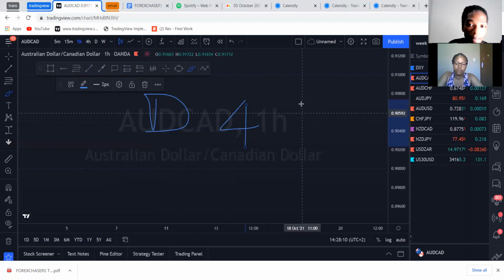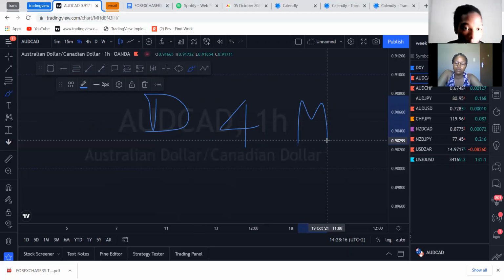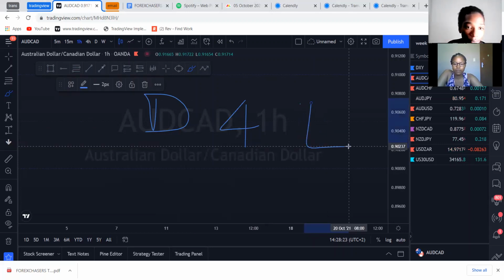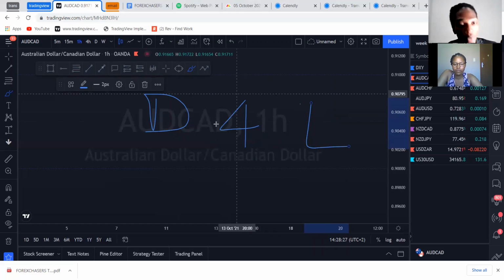And then I have the 1 hour and the minute time frames, the 15-minute, whatever. This is my lowest time frame, just for entries. So once we've found a directional bias, on our 4 hour we're going to observe structure and try to trade some structure with this directional bias.